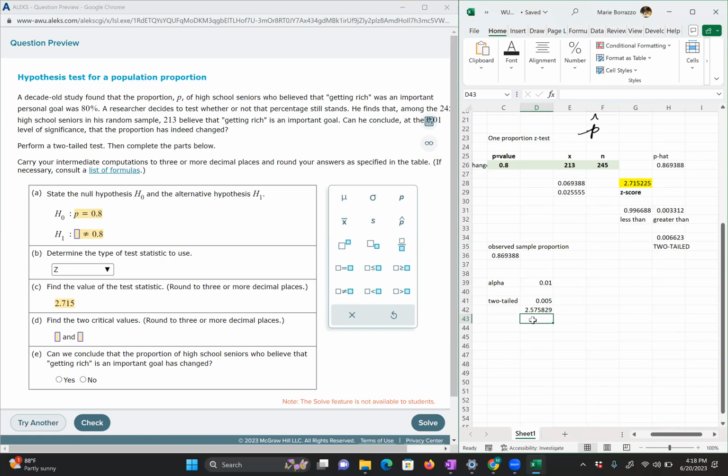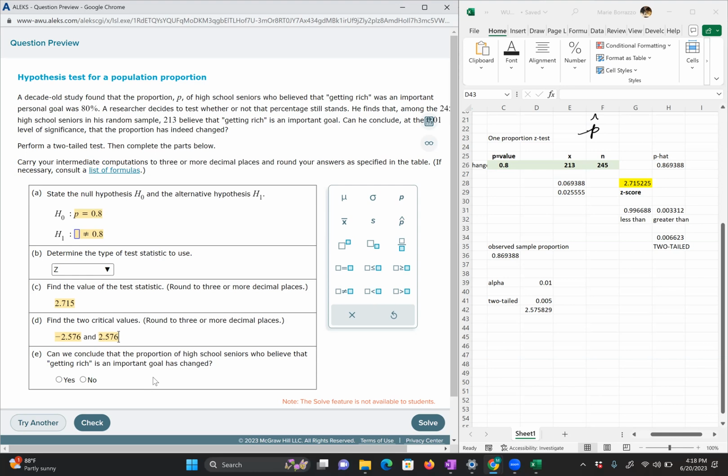See, it's going to give you the positive. So you're going to put negative 2.576 or positive 2.576.